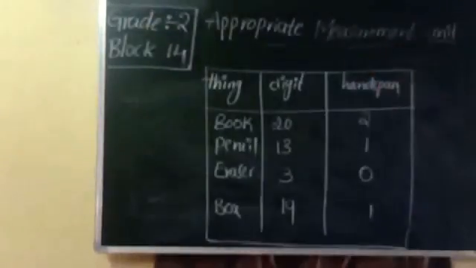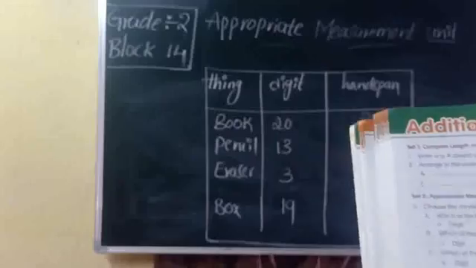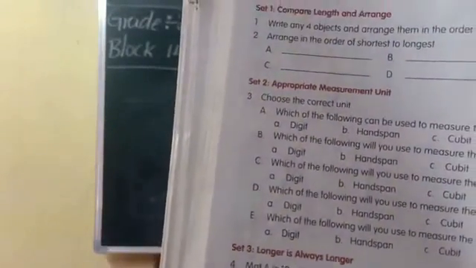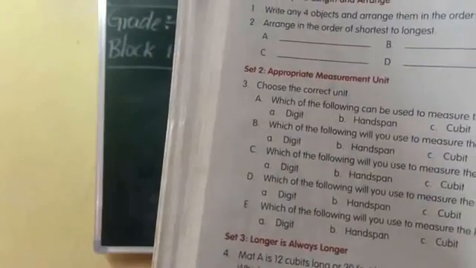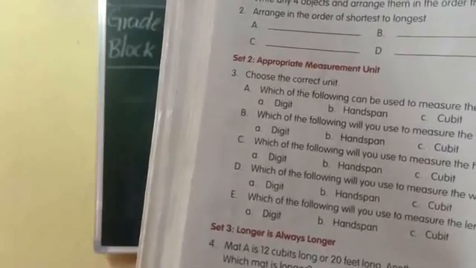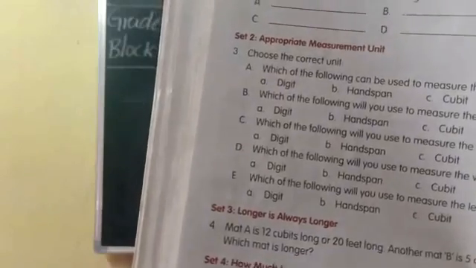Next, you have to complete S2 from the textbook, page number 92. You can complete your S2 in your textbook only. Just write the correct answer from them. So choose the correct answers in question number 3. Everyone complete it. I hope you all understood. Thank you.